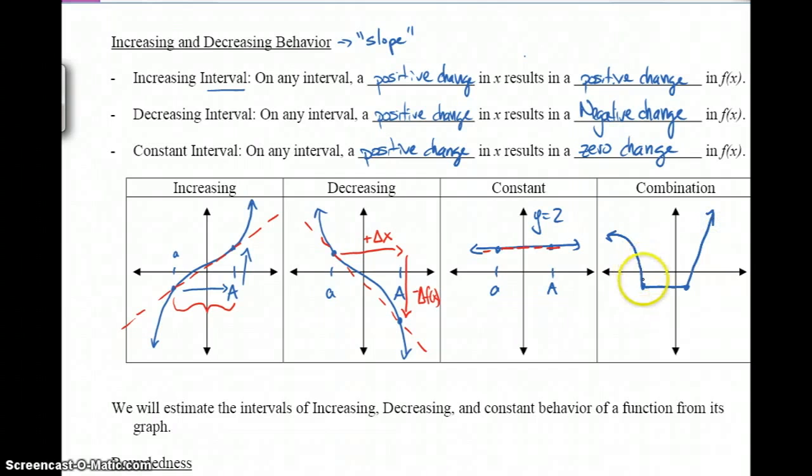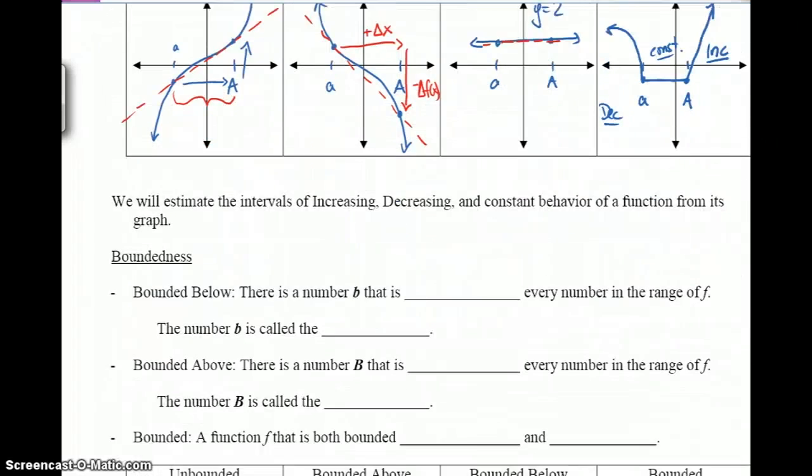So we have at our specific locations, our specific spots, we'll call it A and A. Sometimes it is going to be decreasing, sometimes it will be constant, and sometimes it will be increasing. It's actually more interesting when you get things like that. It's really boring if it's only one or the other.